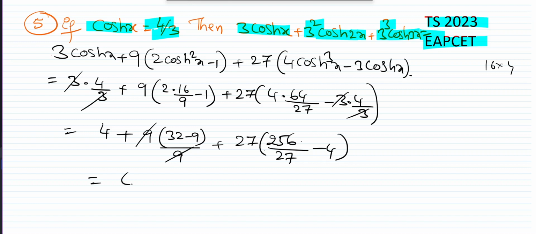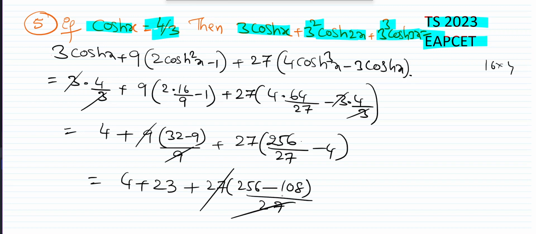So that is equal to 4 plus 32 minus 9, which is 23, plus, taking the LCM for this, 27 into 256 minus 4 into 27, this is 108 by 27.